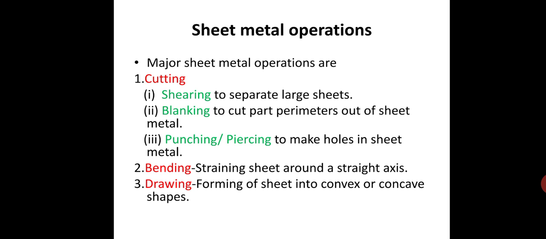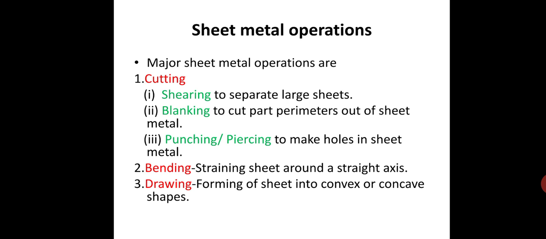The basic sheet metal operations are cutting operation, bending operation, and drawing operation. In cutting operations, shearing, blanking and punching, these three types of operation come under the cutting of sheet metals.